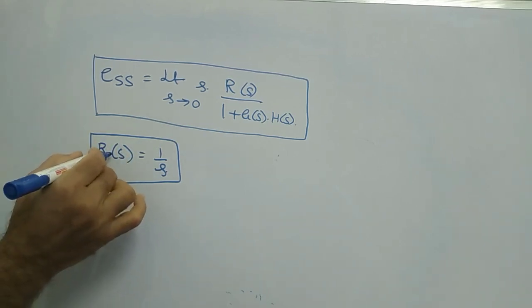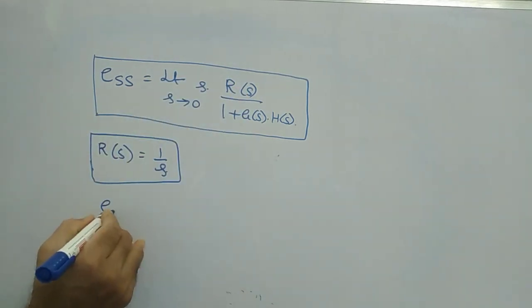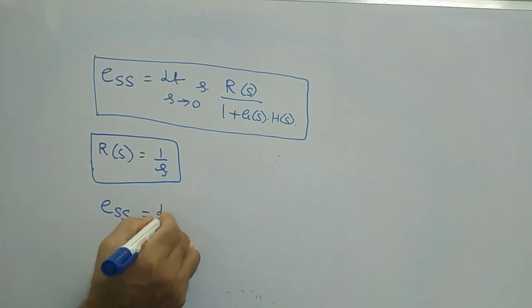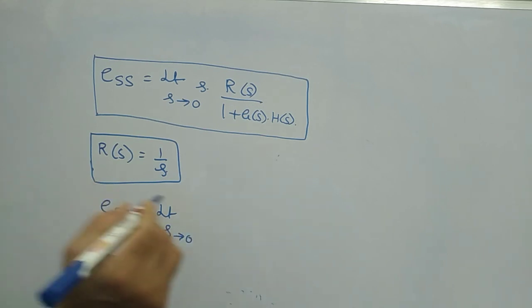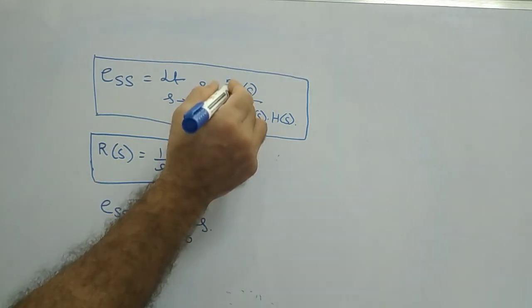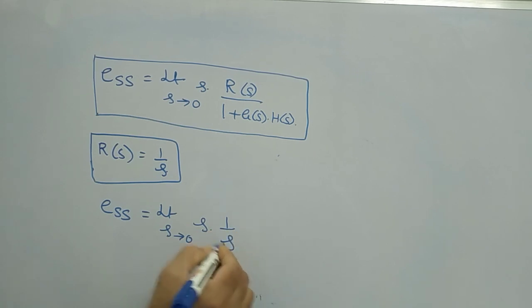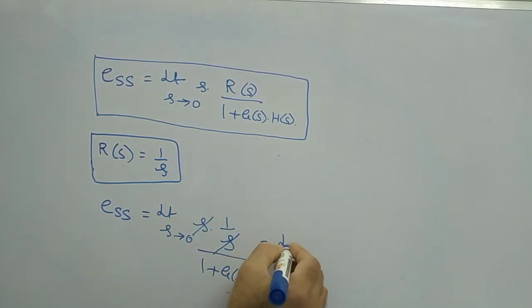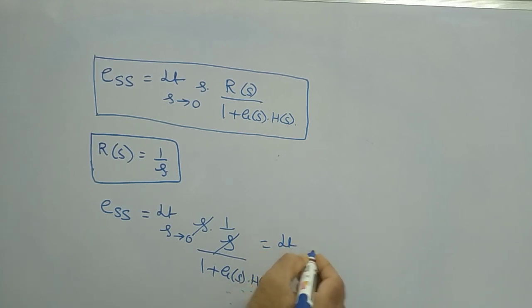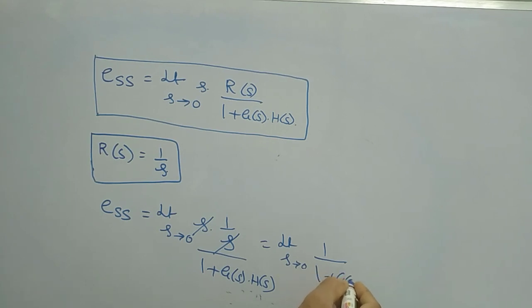So substitute this R(s) value here, then your ess becomes ess is equal to limit s tends to 0, s into R(s), which is 1 by s, divided by 1 plus G(s) H(s). The s will cancel out, so limit s tends to 0 of 1 by 1 plus G(s) H(s).